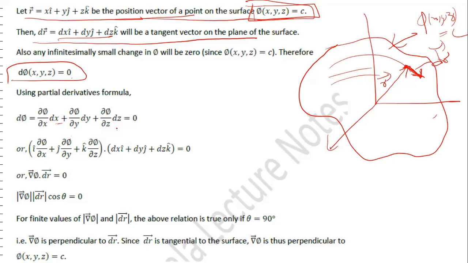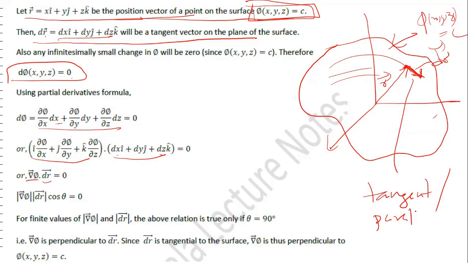Using the dot product rule, you can again separate out these two terms. The first term, as you see, is grad of phi, and the second term is dr. Dr is tangent to the surface, or dr is on the plane, or parallel to the surface.